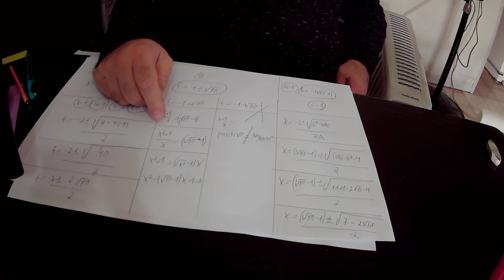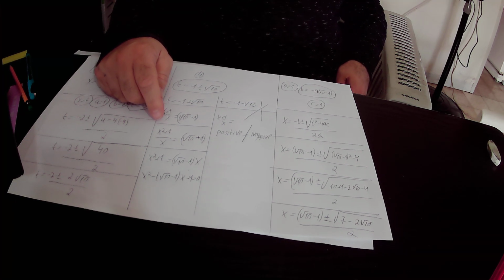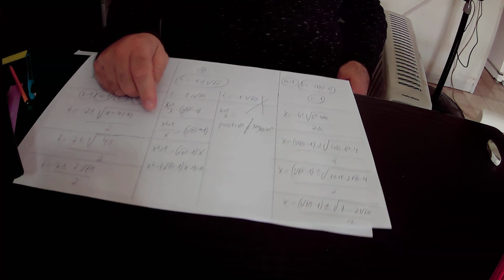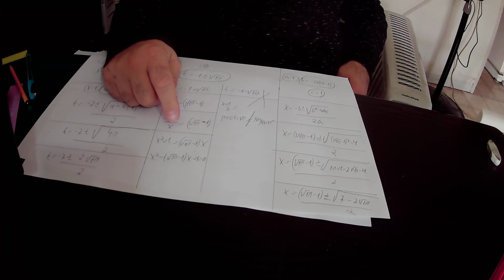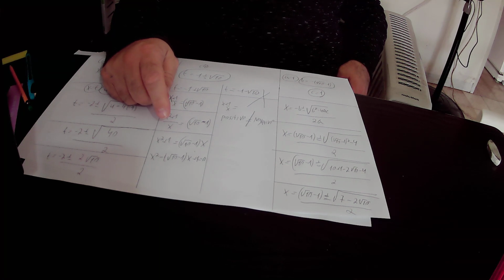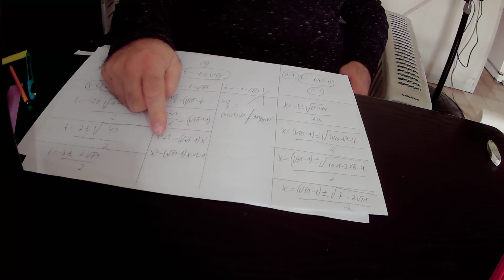We multiplied this expression by x and we got that x squared plus 1 equals (square root of 10 minus 1) times x. We subtracted from this equation (square root of 10 minus 1) times x, and we got the quadratic equation that states that x squared minus (square root of 10 minus 1) times x plus 1 equals 0.